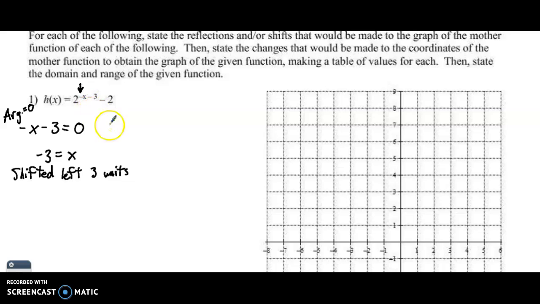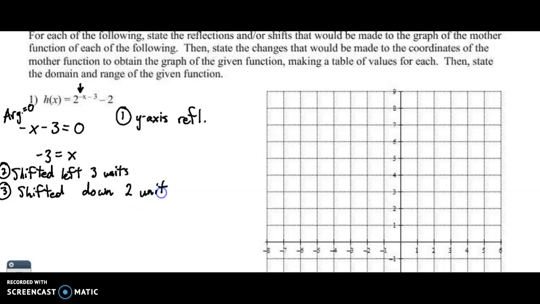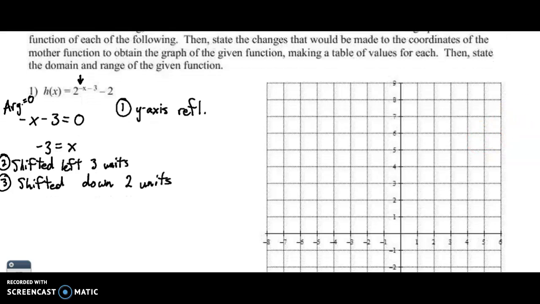The other thing to mention, so this is actually the second transformation I'm going to name, because the first one I should have named is that we have a y-axis reflection, because x is negative. And then this minus 2 is telling me that we need to shift down 2 units. Now, what's the other thing that we learned a long time ago?